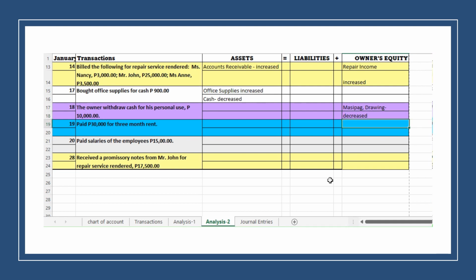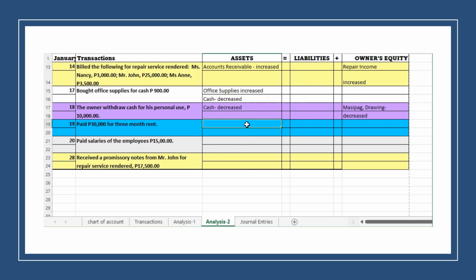Again, we have a payment of cash of 10,000. Therefore, the cash is to be decreased. We have to write cash decrease. Okay. Did you get it?